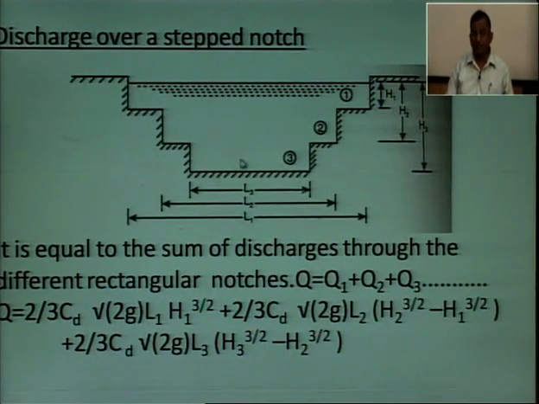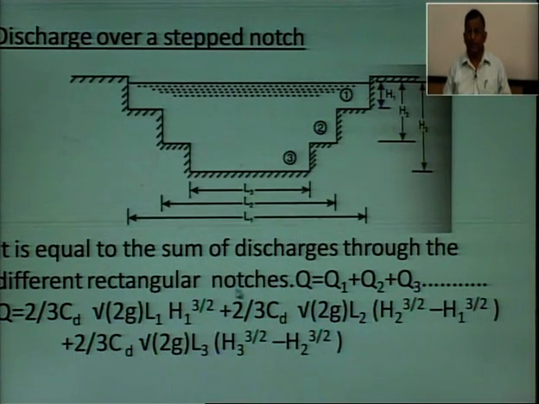Then we come to discharge over a stepped notch. So this is a stepped one. In this case we calculate for portion 1, then portion 2, then portion 3. These are rectangular notches. The equation is the sum of the discharges through the different rectangular notches as we have calculated earlier. For the first one, the head is H1.